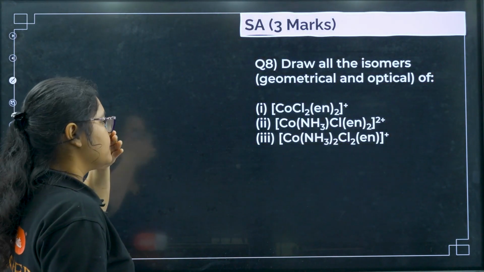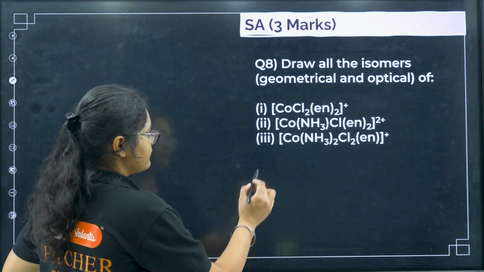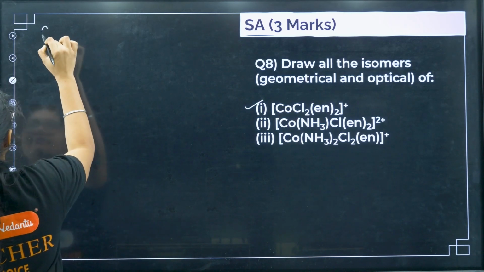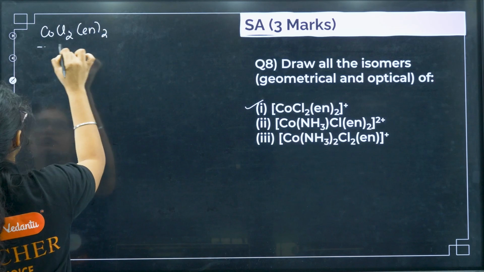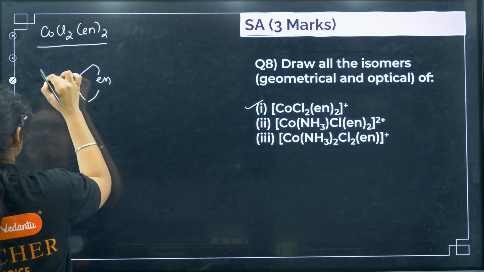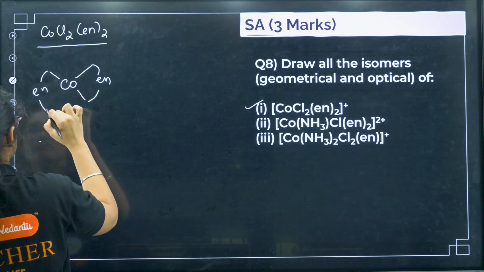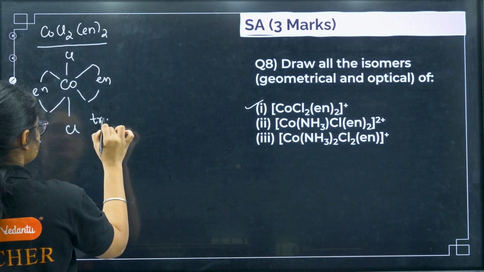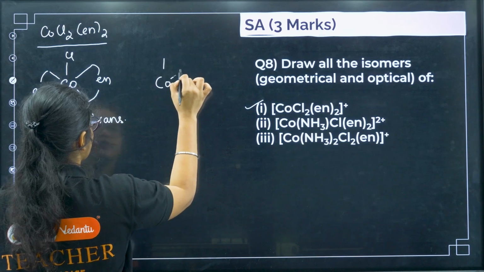Next you have geometrical and optical isomers. First of all you have this one, CoCl2 en2. So I can draw like this, Co, en. Okay, so this is the trans form. Now the cis form you can draw like this.